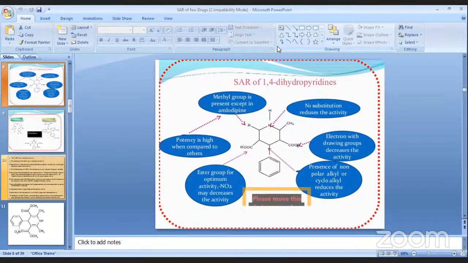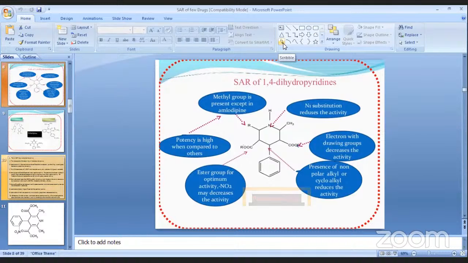Next are positions 2 and 3. In the 2, 3 position, we have methyl groups. In both places, we have methyl groups. If both are methyl groups, some activity will also be there.